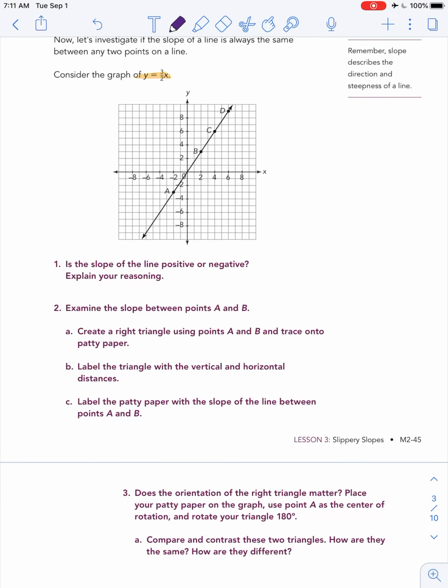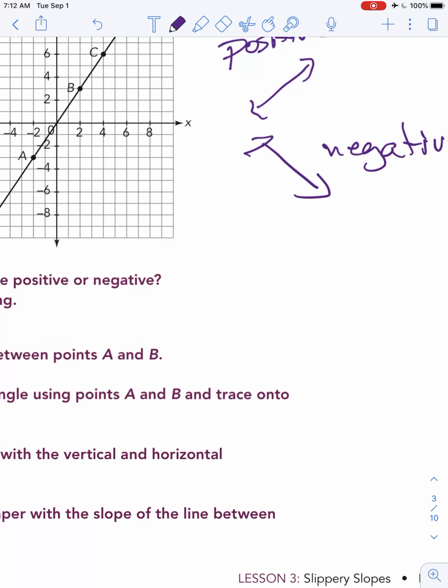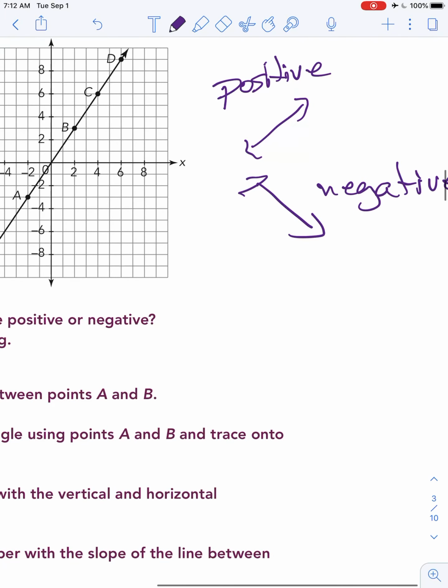Okay, first question. Is the slope positive or negative? Okay, so remember, when we're talking about slope, this direction is a positive slope, and this direction is a negative slope. So as the x's get bigger and the y's get bigger, you have a positive slope.